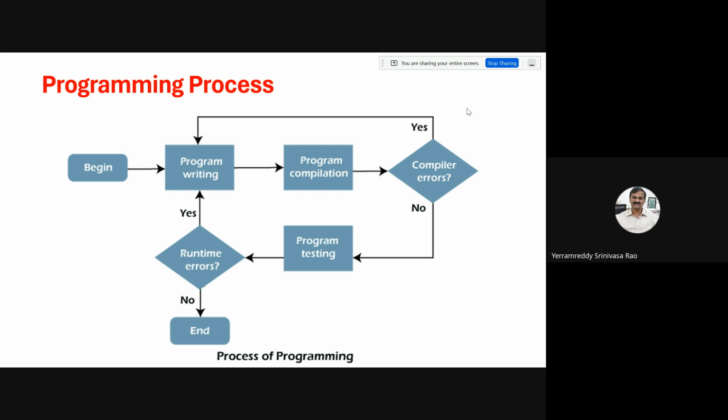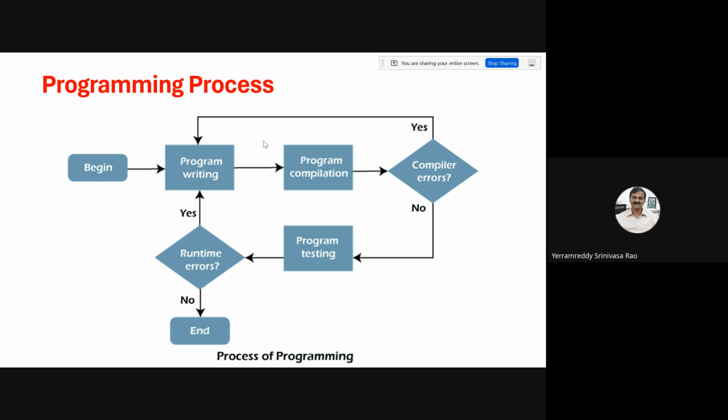So that's why this fellow is going back, right? As you can see, the compiler is going back saying that so and so lines have some problem, please rectify it. So this is a complete process of a closed loop system. You write something, it will compile, and then it will find out problems and give it back to you saying that so and so lines have errors, rectify it.